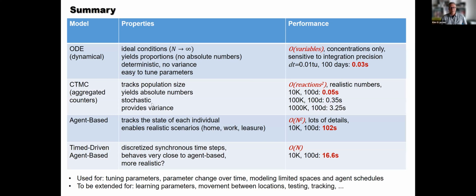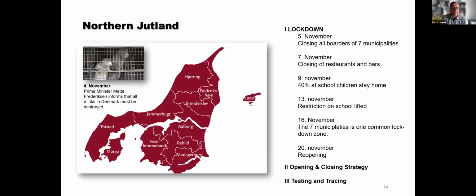So here in this one slide, I'm just comparing the performance of these different types of analysis that I just presented. So let's now try to see how we put all this into action in different ways.